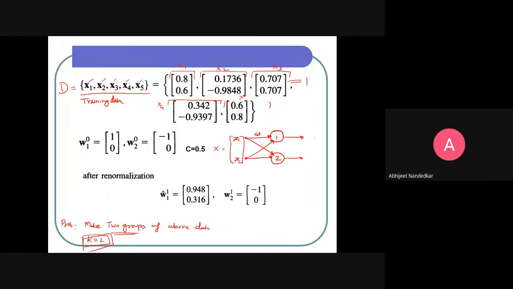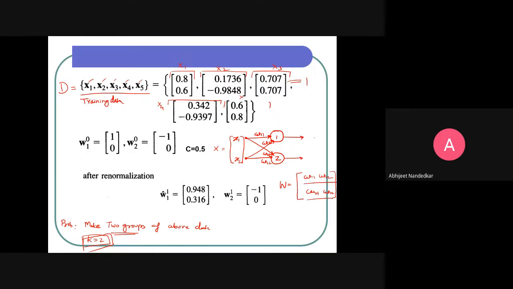Now this will be w11, this will be w12, this will be w21, and this will be w22. So this will give you a W matrix, which is W11, W12, W21, and W22. So you can arrange it like this.